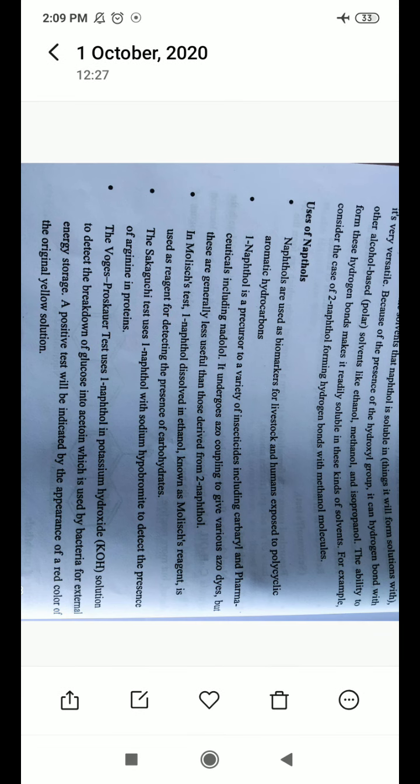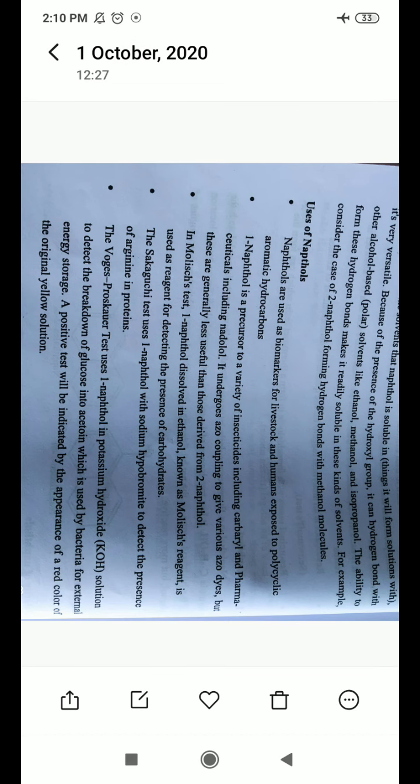It undergoes azo coupling to give various azo dyes, but these are generally less useful than those derived from 2-naphthol. Which is preferred here? 2-naphthol is more important than 1-naphthol as far as the synthesis of azo dyes or other different dyes is concerned.